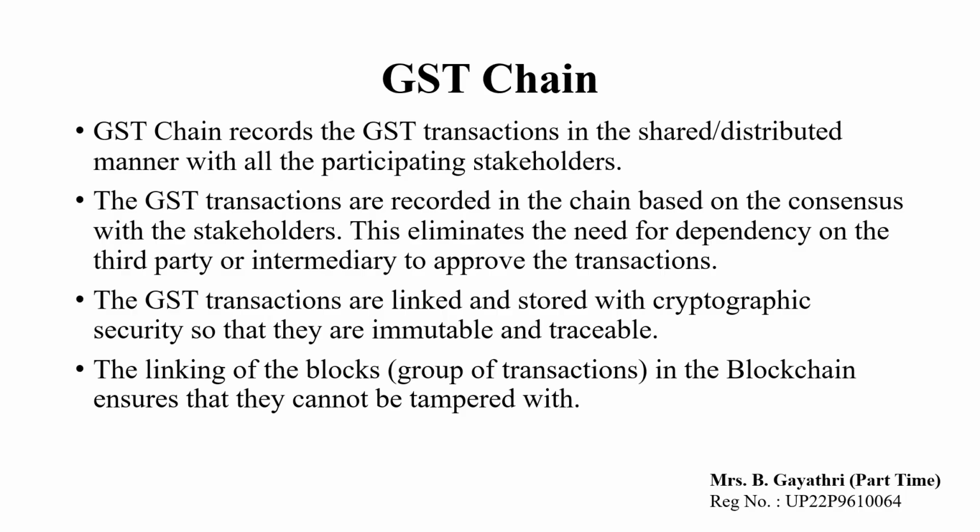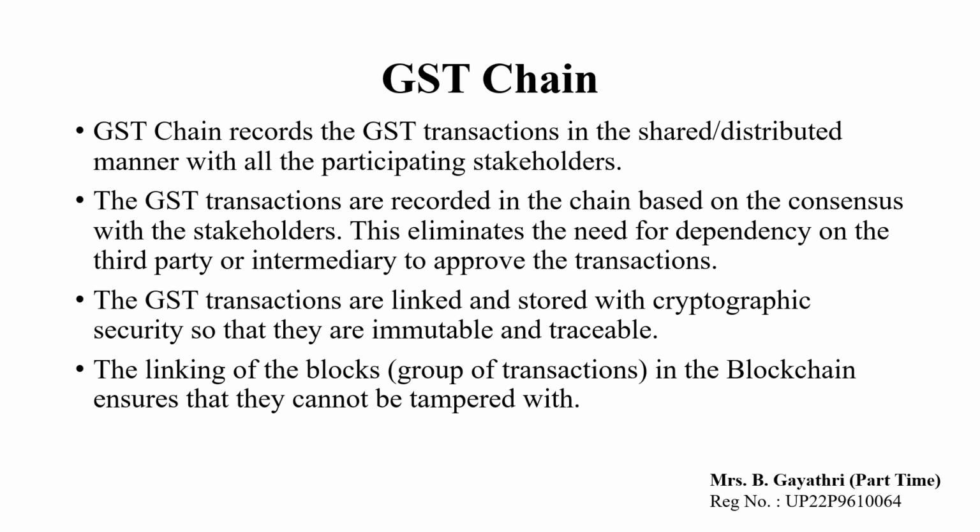So the GST chain, what is GST chain? GST chain records each and every transaction that is involved in the GST. Any stakeholder, maybe the production person, a wholesaler, a retailer, all these people are stakeholders. So any transaction that happens is recorded in a blockchain.